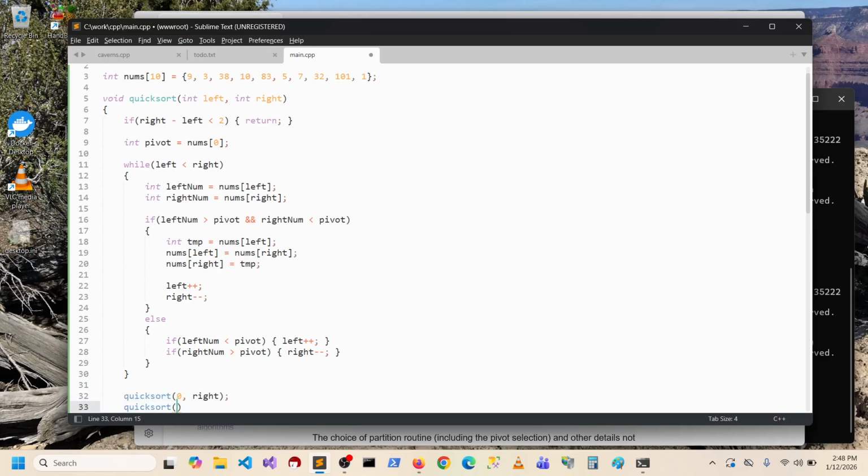Quicksort. What would that be? Left, comma, to the end. Yeah, that's the part. I don't understand that one. Wherever they meet at.